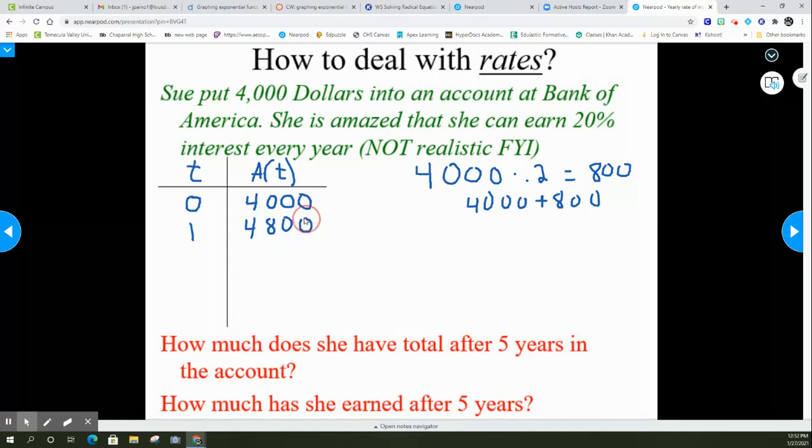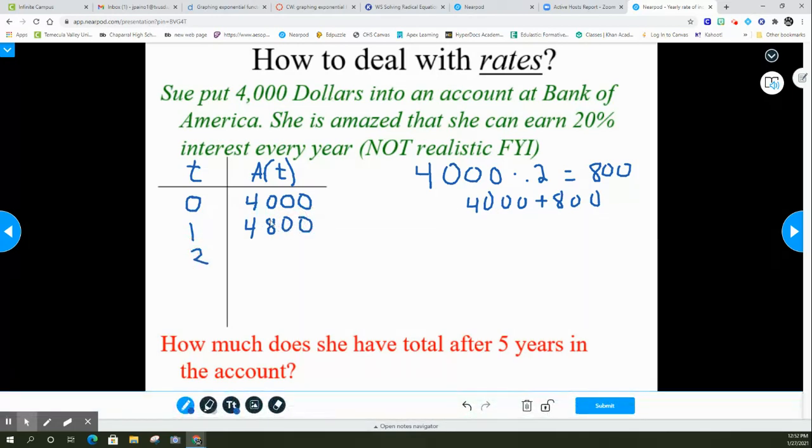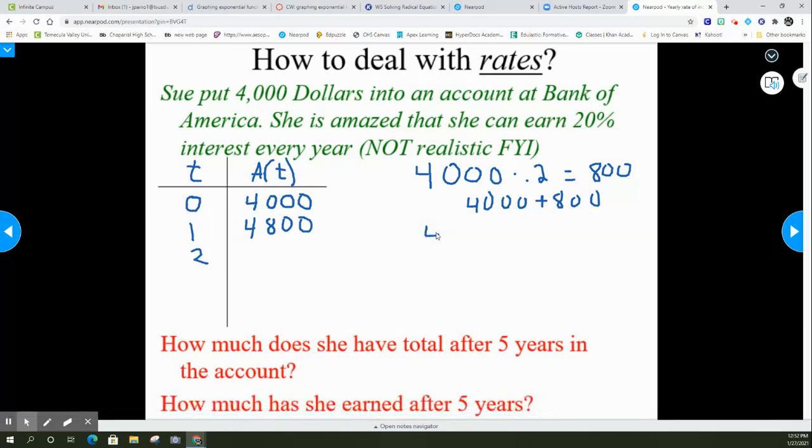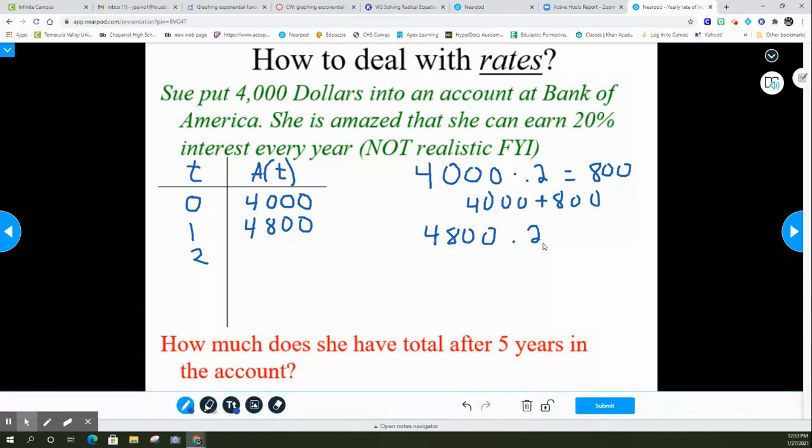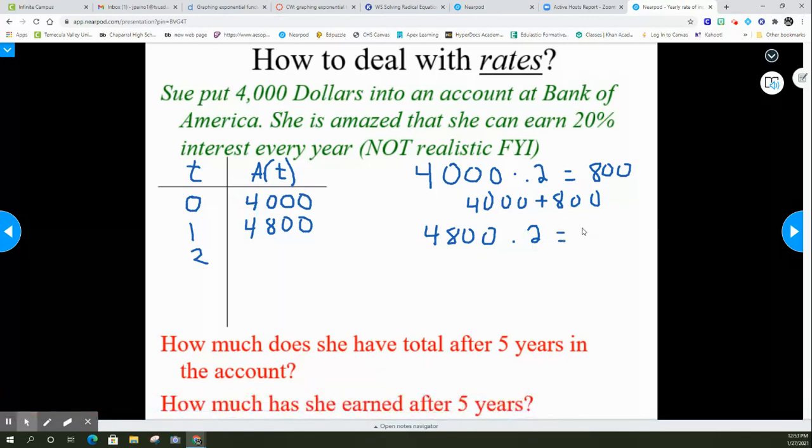And so we could do that for 2. Now we take the previous amount, the 4,800, and she's going to earn 20% on that amount. How much money is she going to have in the account now?